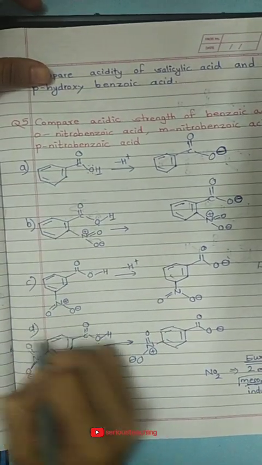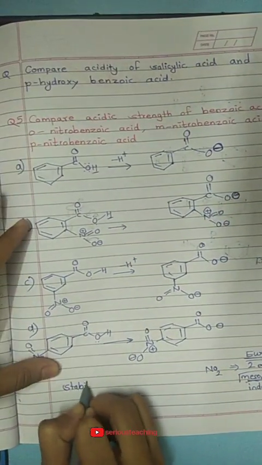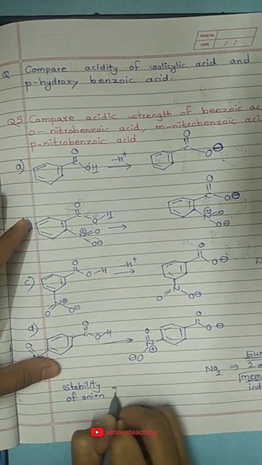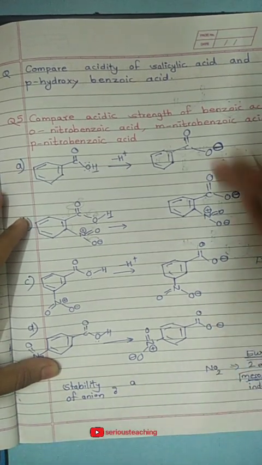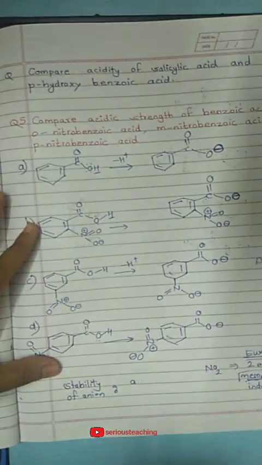So from all these compounds, we know that A is the least acidic, when we consider the stability of the anion. A will be the least because all are benzoic acids and here no electron withdrawing group is present, therefore it will be least.